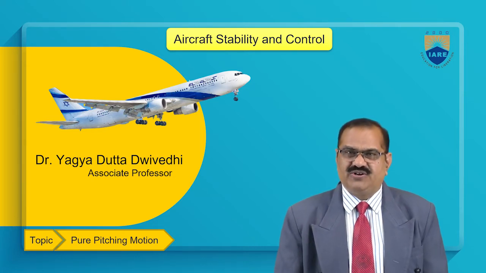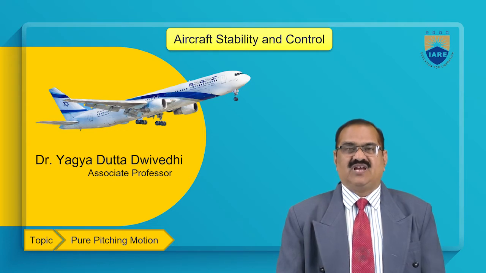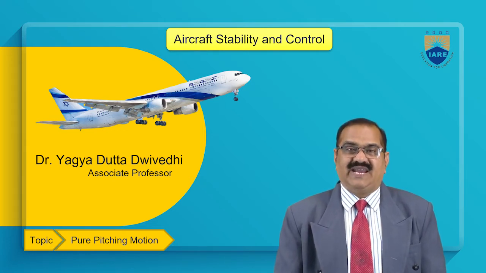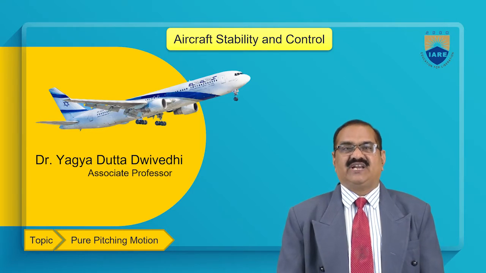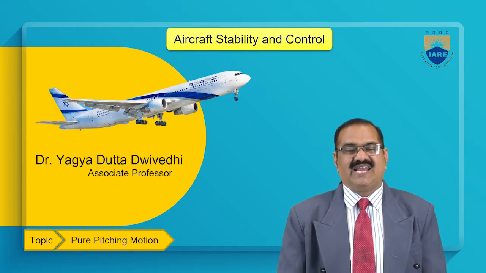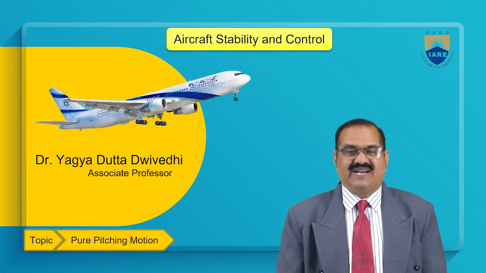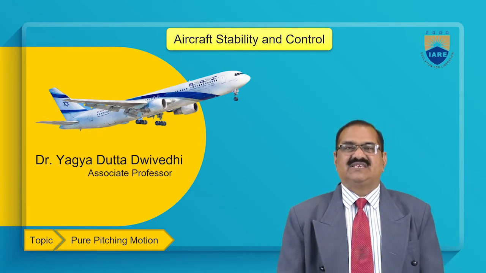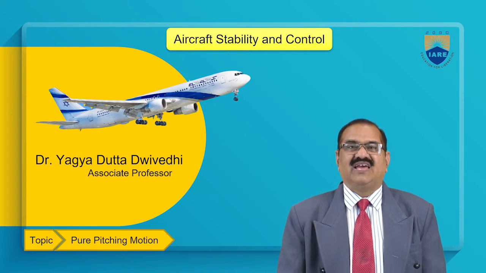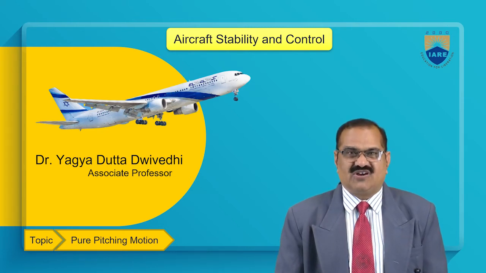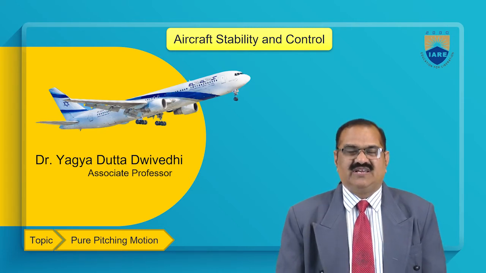In the phugoid mode, the aircraft goes up and down, and the kinetic energy is converted to potential energy, and again potential energy is converted to kinetic energy. In this, the angle of attack remains almost constant.